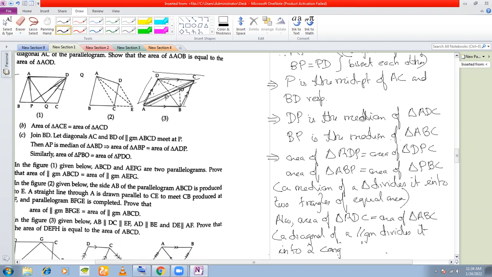And congruent means equal in area, right? Okay.